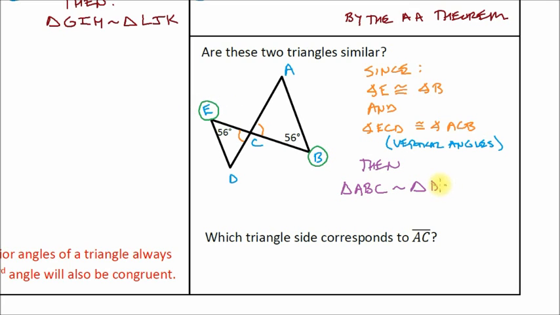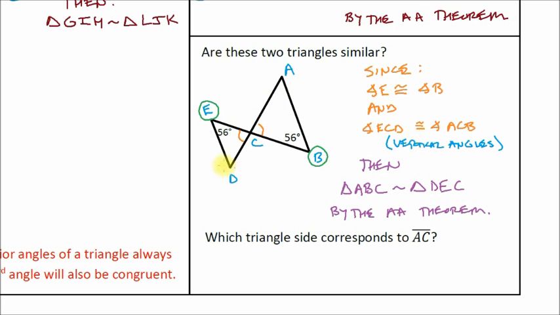That goes together with E. And then you can see that angle C from the first triangle matches up with angle C of the second triangle. And we're going to say we know this by the angle-angle theorem. So we just were able to prove that these two triangles are also similar. In class, if they're similar, then I know that the sides are proportional, so I could actually find missing side measures if they gave some to me.